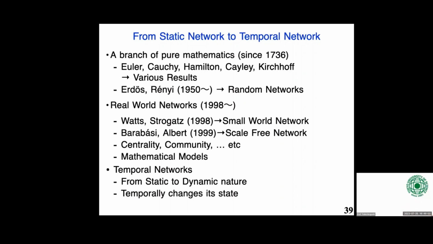So as one of the directions for complex network theory, the analysis of so-called dynamical networks or temporal networks, in which the network state changes with time, is also important. And actually, much research is now being conducted. So from now, I'd like to discuss temporal network analysis.